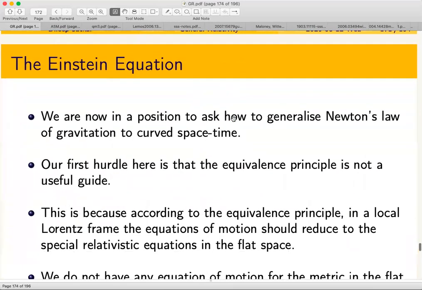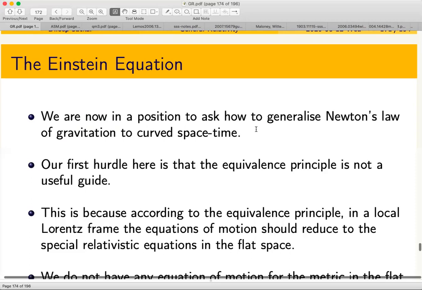So now we could ask, what about doing this for gravity? We could go back to non-relativistic physics, where we have Newton's law of gravitation. Since various laws have been generalized to special relativistic form and then to general coordinate covariant form, we could ask whether we can write down Newton's law in a general coordinate covariant form.